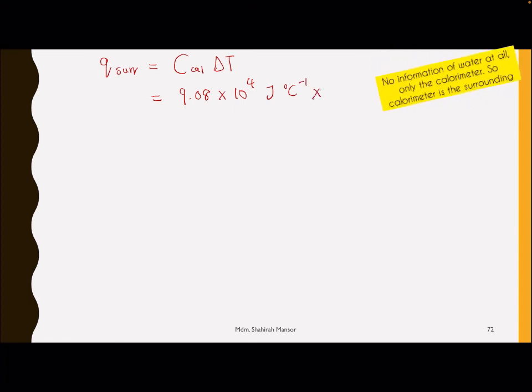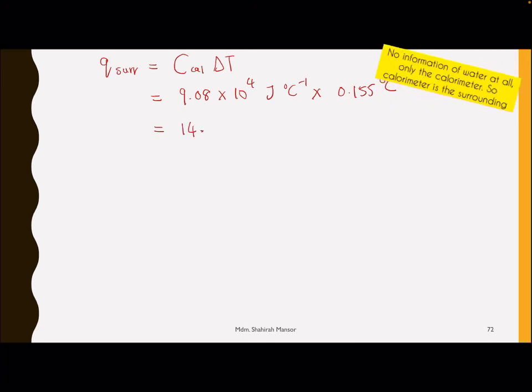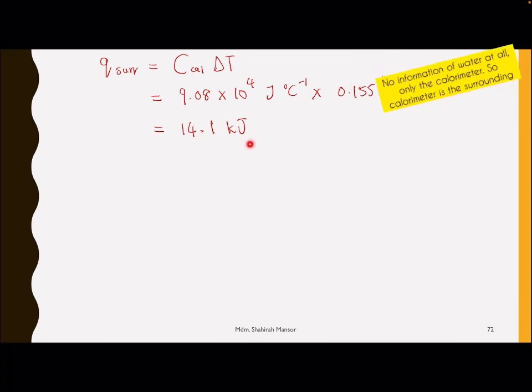And the delta T will be the final temperature minus the initial temperature. So you will get your answer. I simplify my answer into kilojoule. So this is my answer in kilojoule, 14.1 kilojoule.